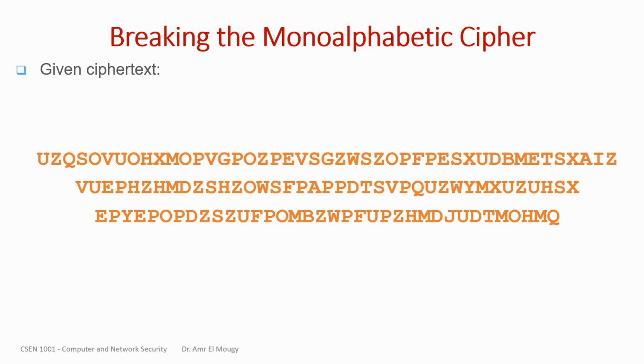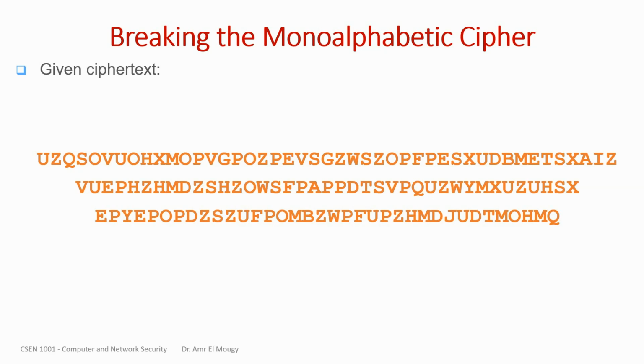I want you to pause the video at this time, and look at this ciphertext, and think, how can you break the monoalphabetic cipher if you only receive this text? So you don't have the key, you don't have the mapping, you only have this ciphertext, and you wish to obtain the plain text back. Pause the video, think about it for a while, and then play it back.